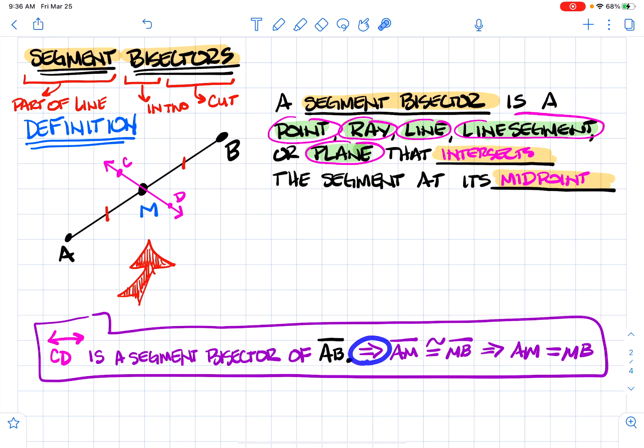That implies that AM, which is this distance, is congruent to MB, which is this distance. That then would imply that AM is equal to MB, this distance over here. So that's how we use our definition for a segment bisector.